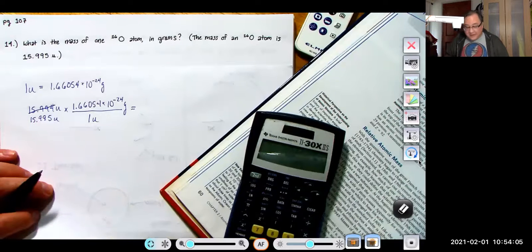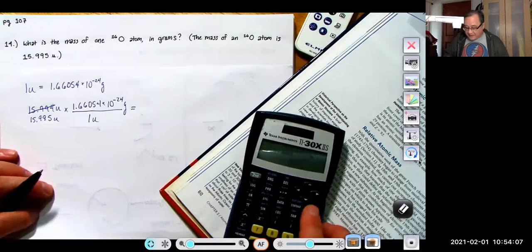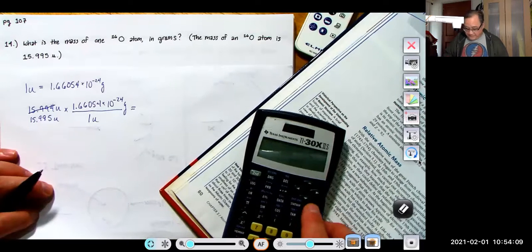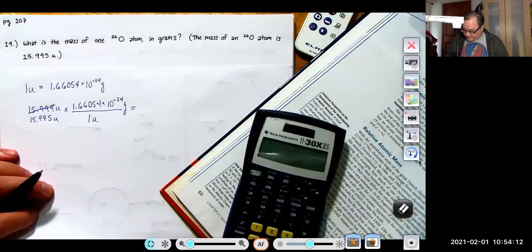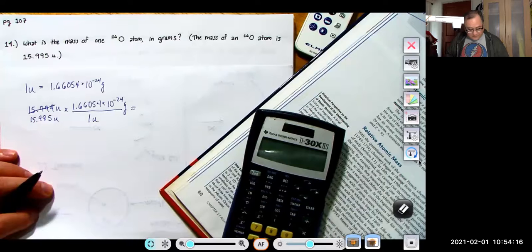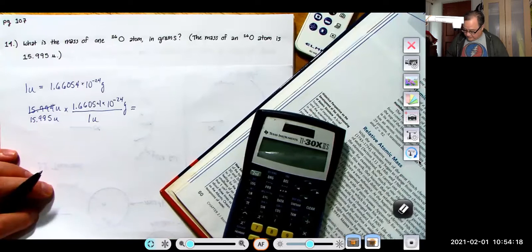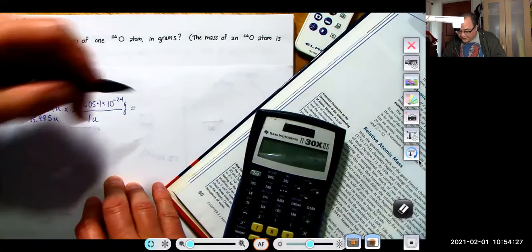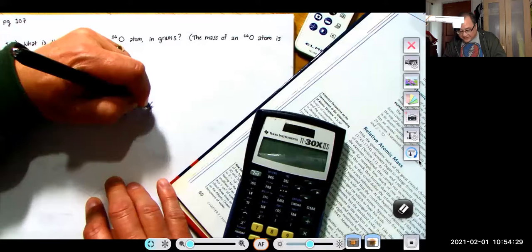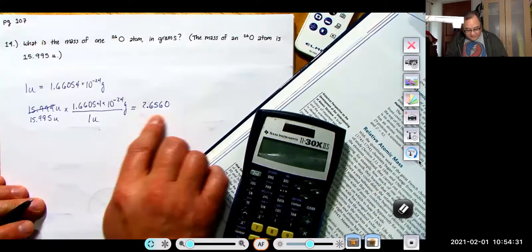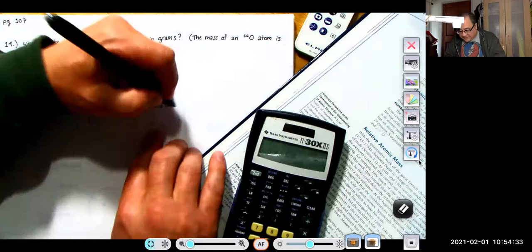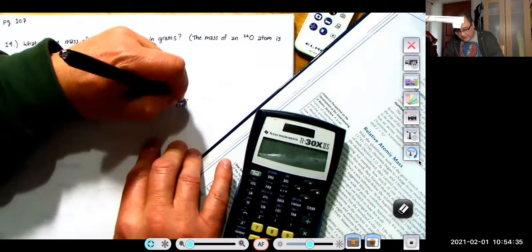So I think I made a mistake in my calculation. Yeah. So we're going to try this again. And I get 2.6560, 5 significant figures, times 10 to the minus 23 grams.